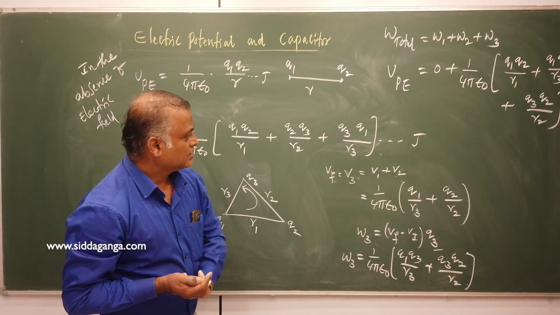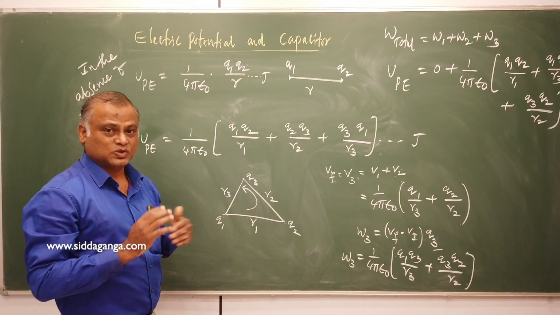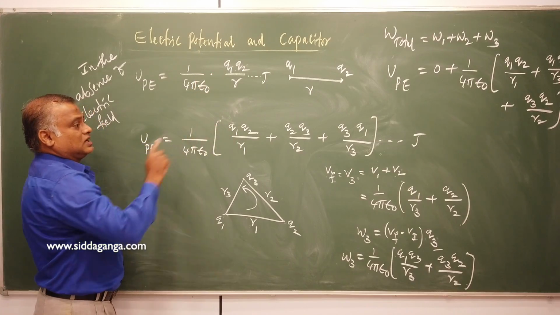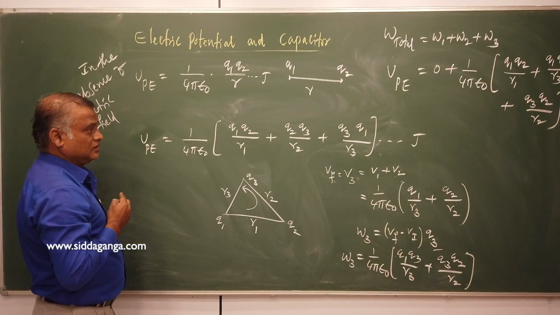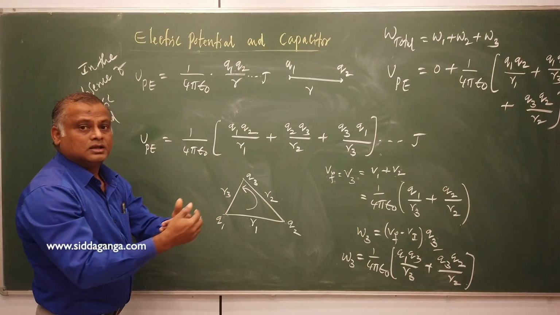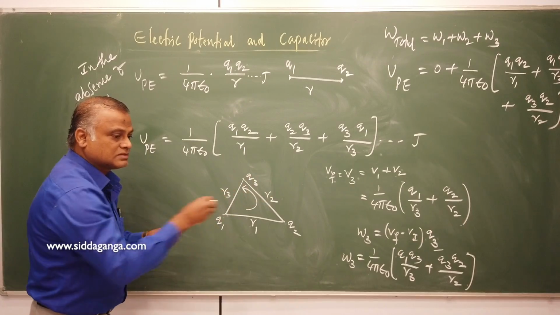Now let me solve one problem based on these formulas so that you gain confidence in these formulas. Why do you have to learn this? I have to assemble, to gather some charges. They should occupy some space.